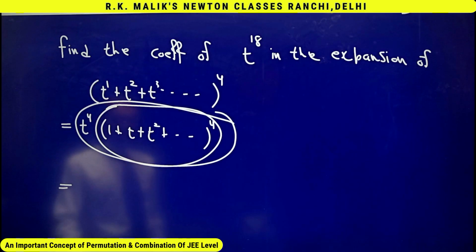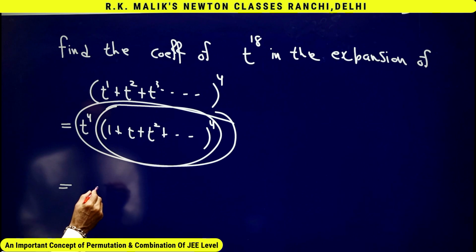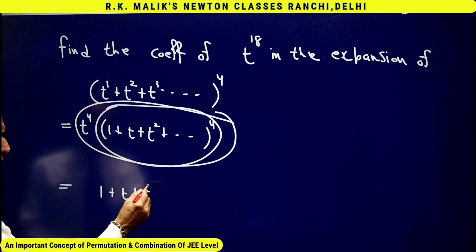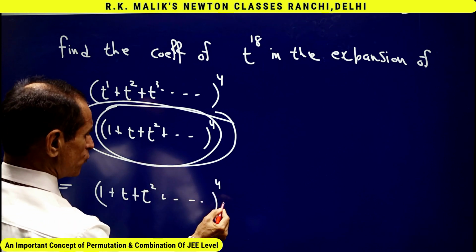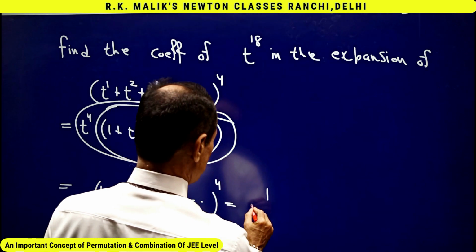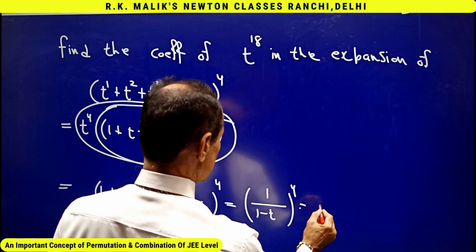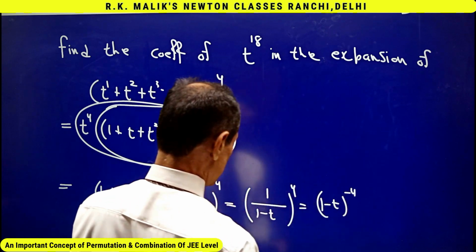That is, my question now becomes the coefficient of t to the power 14 in the expansion of 1 plus t square and so on power 4, that is 1 upon 1 minus t whole to the power 4, that is 1 minus t to the power minus 4.